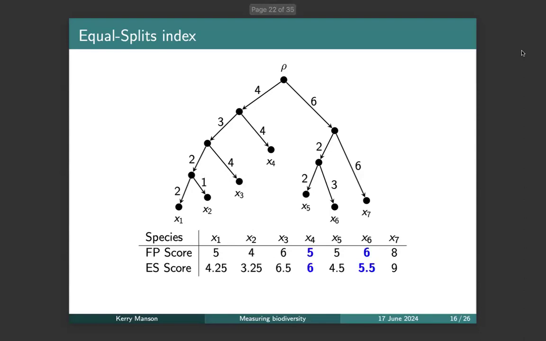And one thing we can notice is, if I look at X4 and X6, fair proportion prefers X6, whereas equal splits prefers X4. So it's these 2 species here. So keep that in mind, that it's not just a stretching or skewing of the numbers. They can turn up in different orders as well.